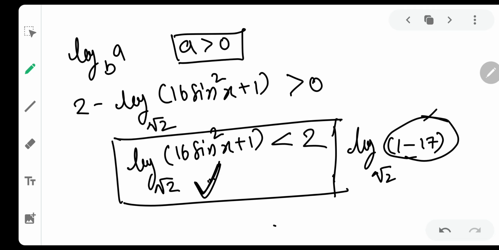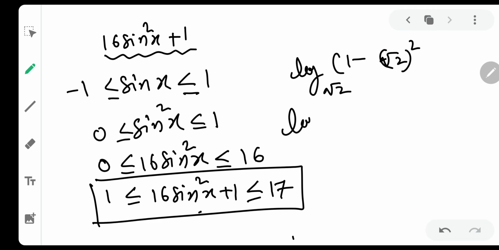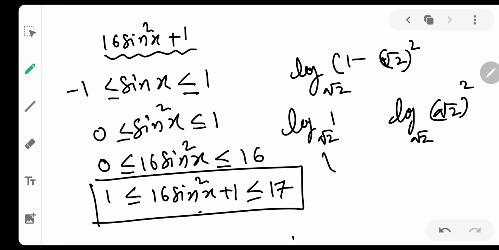So up to what part can this be taken? This part can be taken up to root 2 square. So I will say log of 1 up to root 2 square, because log of 1 to the base root 2 up to log of root 2 the whole square to the base root 2. Now for this the answer will be 0 and for this the answer will be 2.